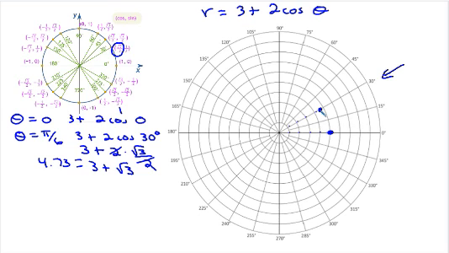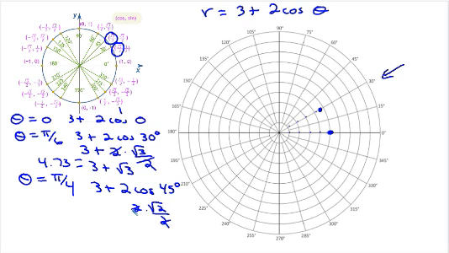Now let's do pi fourths. Theta equals pi fourths. So I will have 3 plus 2 times the cosine of pi fourths, which is 45 degrees, which we know up here is going to be radical 2 over 2. If I did it with the bow tie, I could find out the same thing. 2 times the square root of 2 over 2.